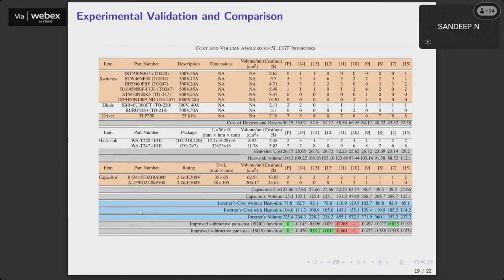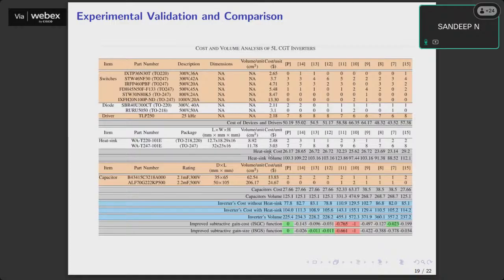This is the cost and volume analysis that we did. It is a very exhaustive table that combines many things: the cost, the component count, the cost of the heatsink, and the volume of the heatsink.